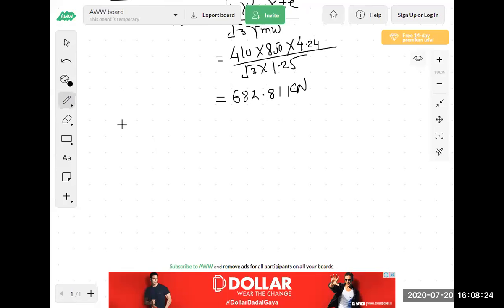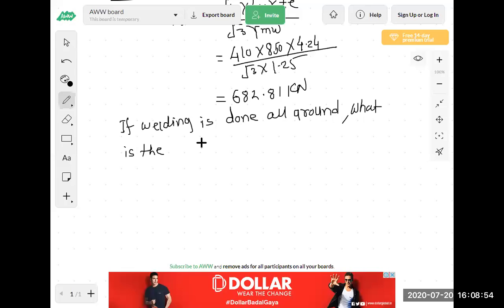So here, if we write down, if welding is done all around, then what is the increase in strength?